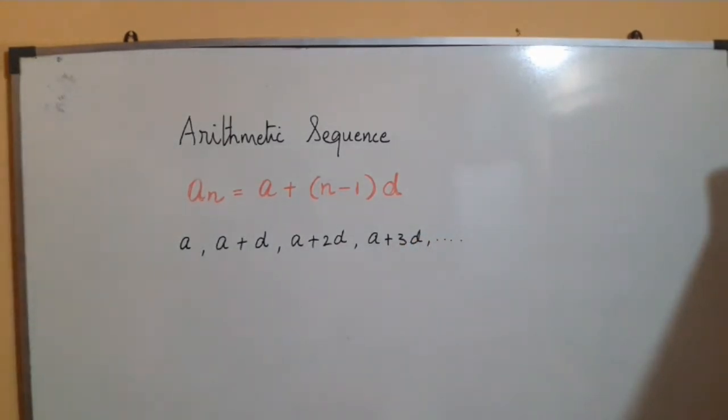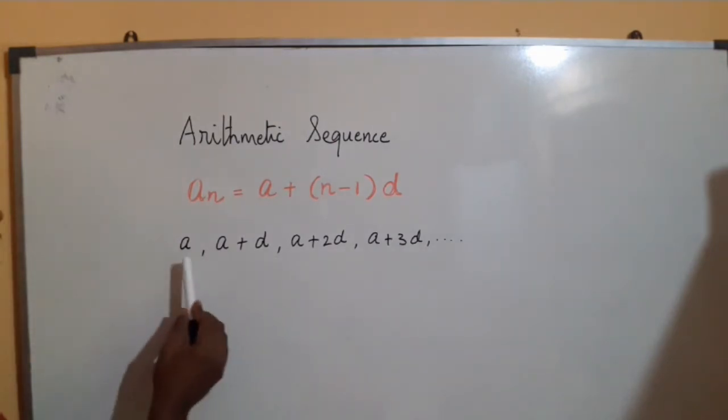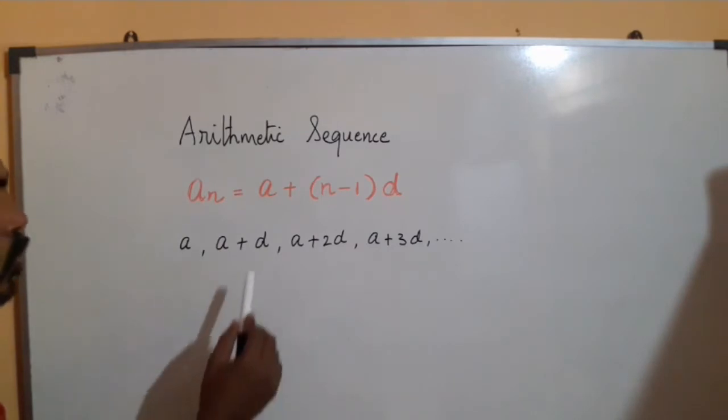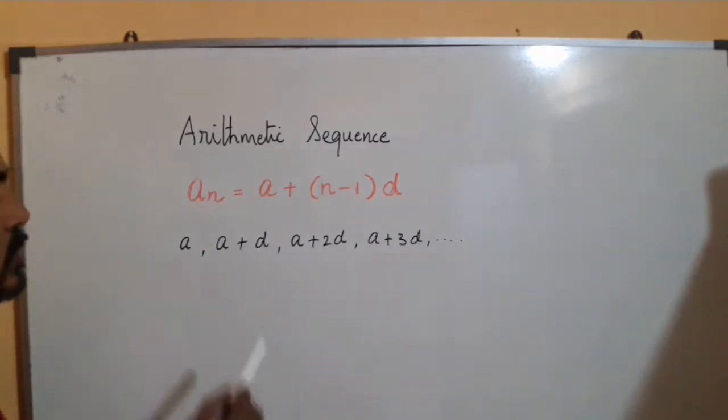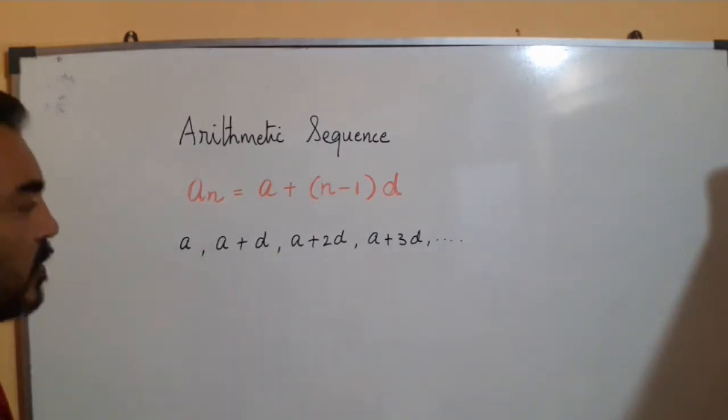Today what we are going to do are sums based on the common difference. What you can observe over here is that the common difference is d. If I subtract the first term from the second term, or the second term from the third term, the common difference remains the same.